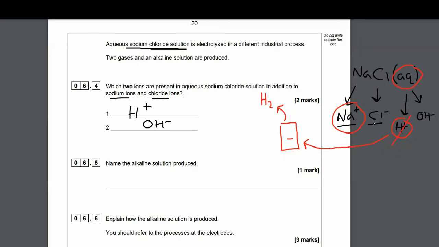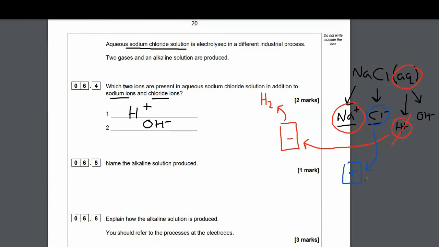It's gone. Now, we've got two negative ions in the solution, and only one of these is going to be discharged. The one that's going to be discharged is the chloride ion. The rule of electrolysis of solutions is if you have a halide ion, which is a group 7 ion, a halogen that's become an ion, like chloride ions, they will always go to the electrode.